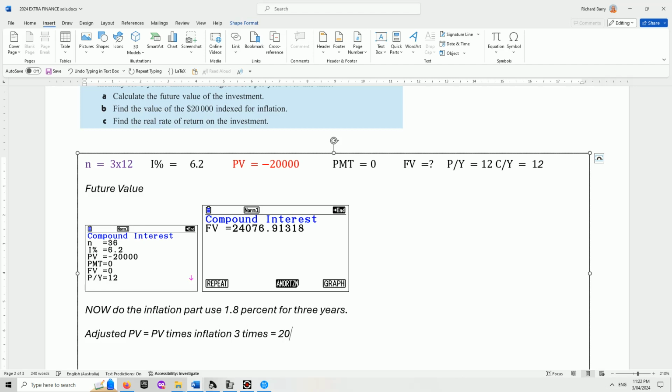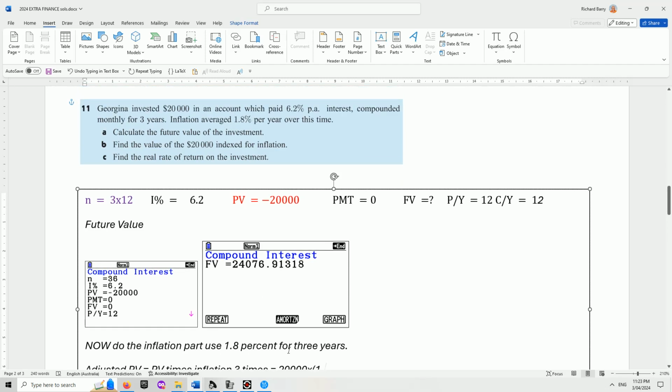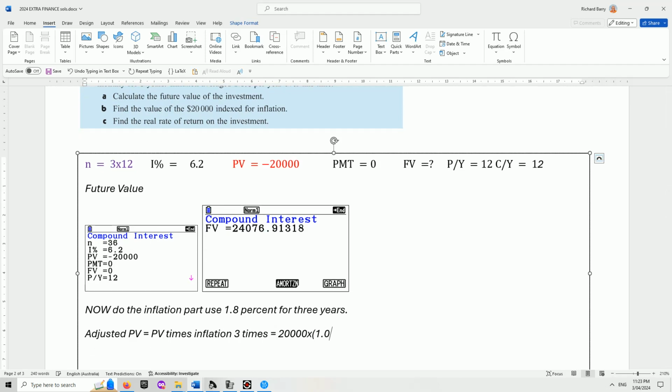So $20,000 times 1.018. Now we can just do it 3 times, because there's inflation for each year. It is like an average number they've given us.